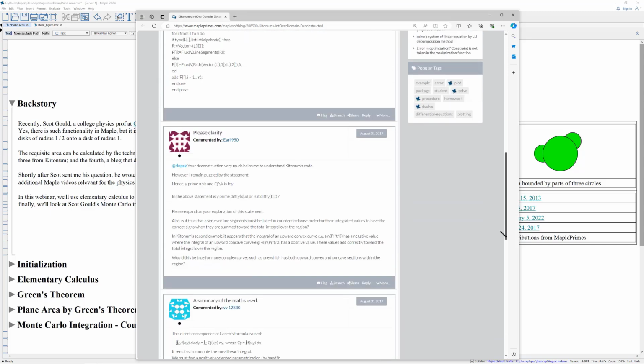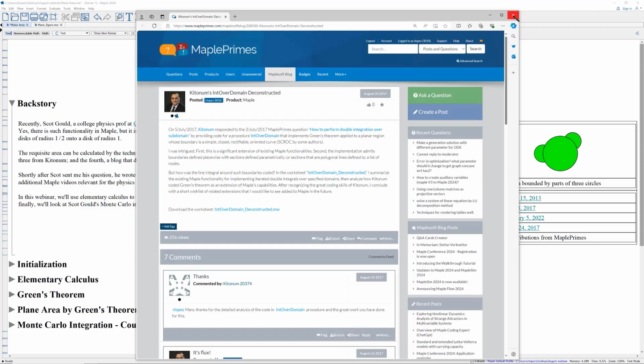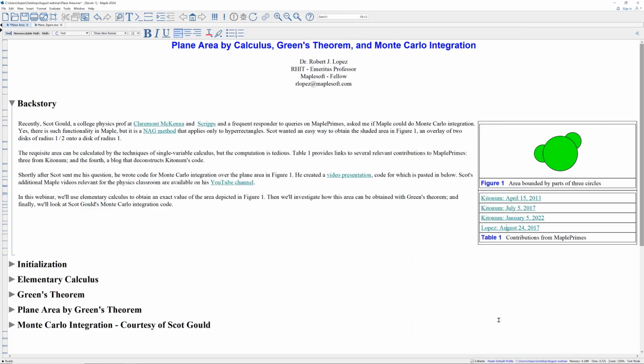Then there was an extended discussion of what was really going on. We will eventually take a look at the code that Kitonum wrote for the area via Green's theorem more shortly.